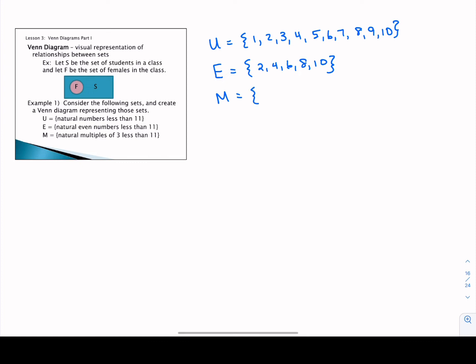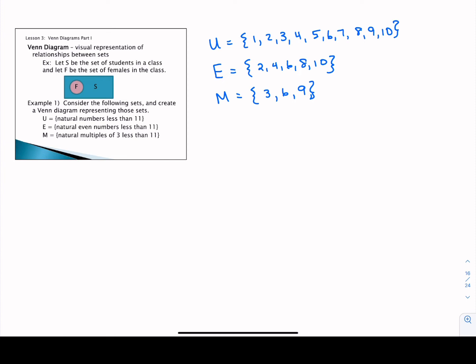So when we look at multiples of 3, a multiple of 3 would be 3, 6, 9, and of course 12, but that goes too high because we're talking about natural numbers that are less than 11. So we've got 3, 6, and 9 as elements in set M.